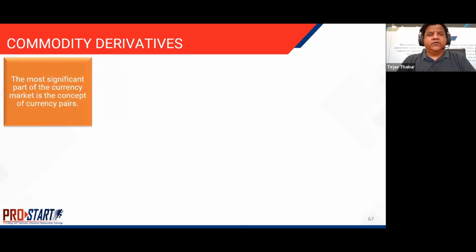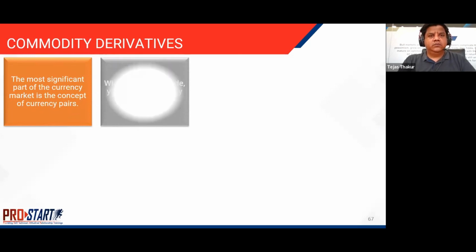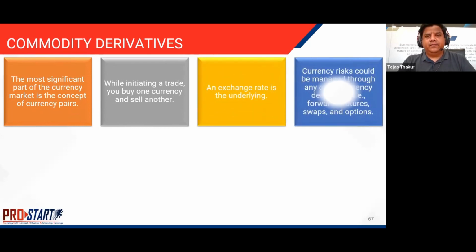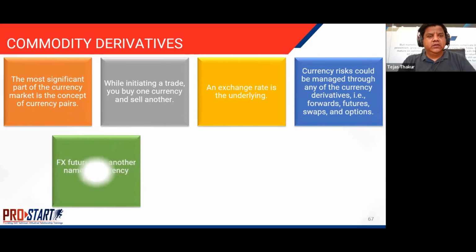The most significant part of the currency market is the concept of currency pairs. While initiating a trade, you buy one currency and sell another currency. Exchange rate is the underlying here. Currency risk could be managed through any currency derivatives, that is forwards, futures, options, and swaps. FX, that is foreign exchange, futures are another name for currency futures.